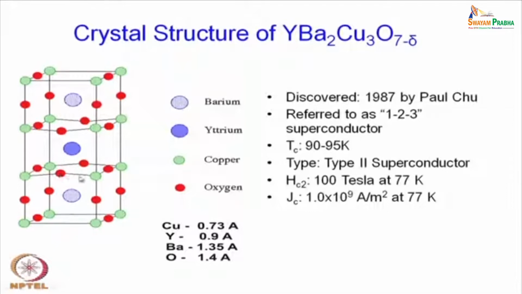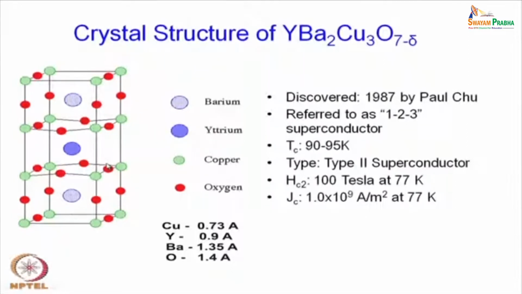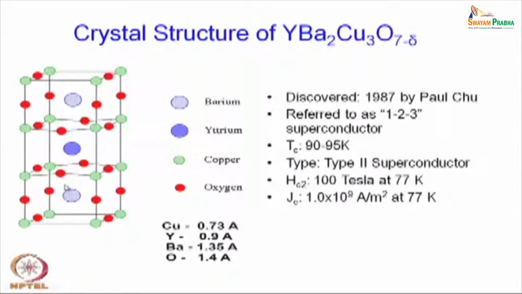So, they are not completely flat planes, or the crystallographic planes are not really flat planes, but there is some distortion here, both on this side as well as on this side.